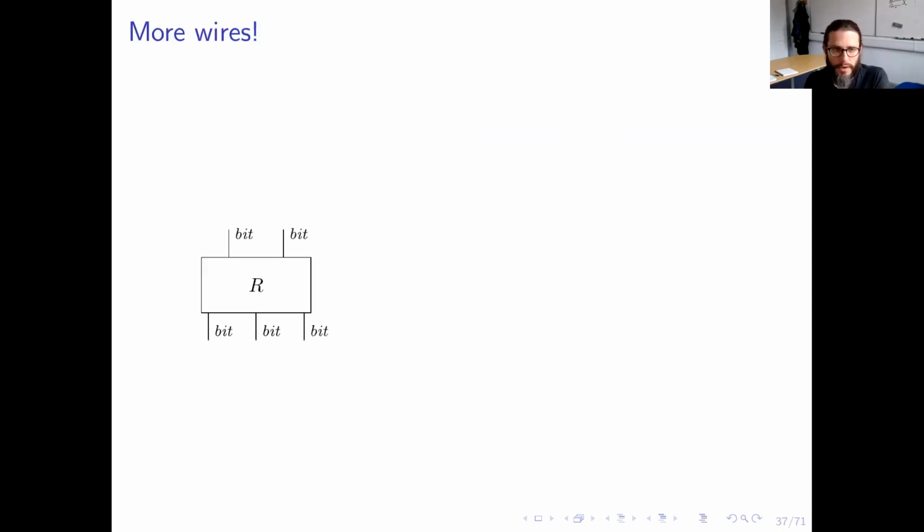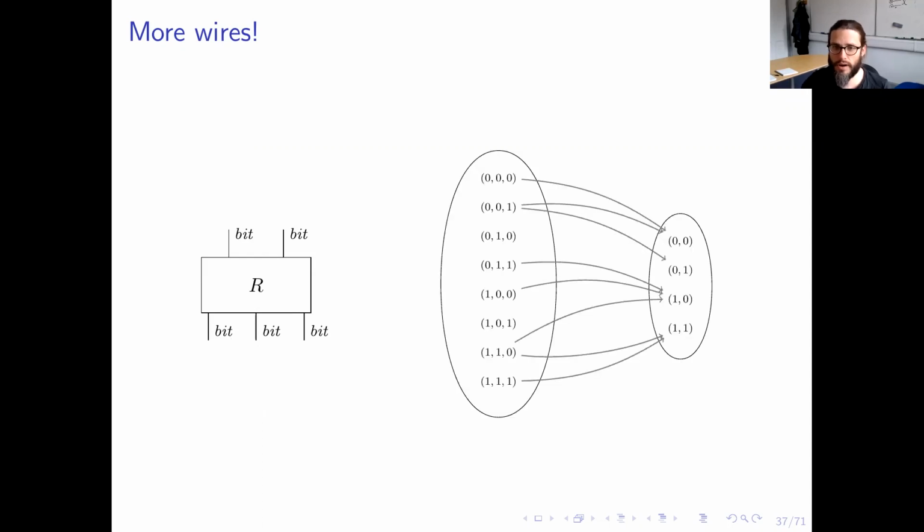I can also think about relations that have more wires. This is really just relating lists of things to lists of things. So here's something with 3 bits as its input and 2 bits as its output. I can just draw this as a bigger thing. Here's all the possible ways that I could write down 3 bits.